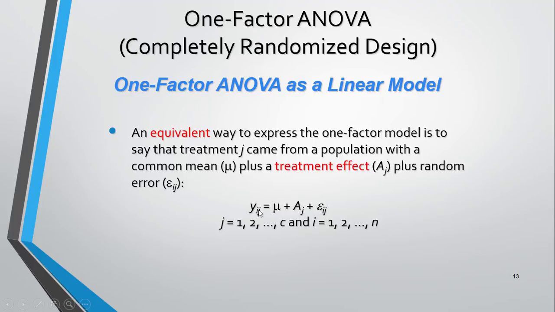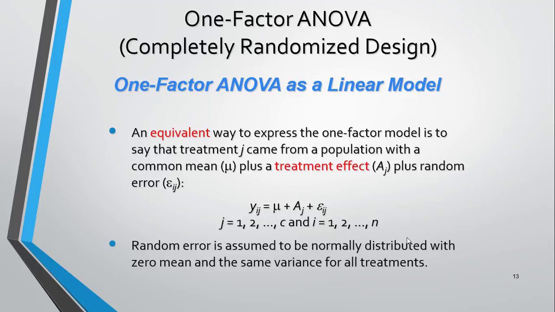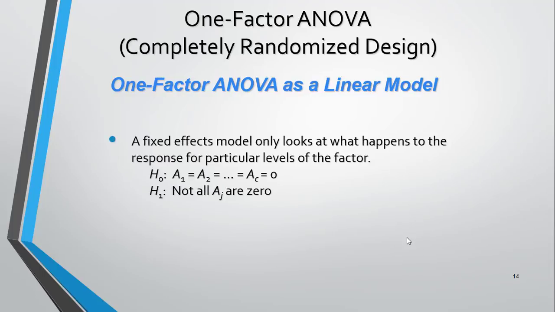That is, how long you stay in the hospital, Y, there is a common mu, and then plus a treatment factor that could be, like say, facial bone fractures, and you probably add 2 more days. If hip bone fractures, you subtract 5 days, etc. Right? So you can express the same thing using a linear model like this to analyze. Random error is assumed to be normally distributed with 0 mean and same variance for all treatments. That's the assumption of ANOVA.